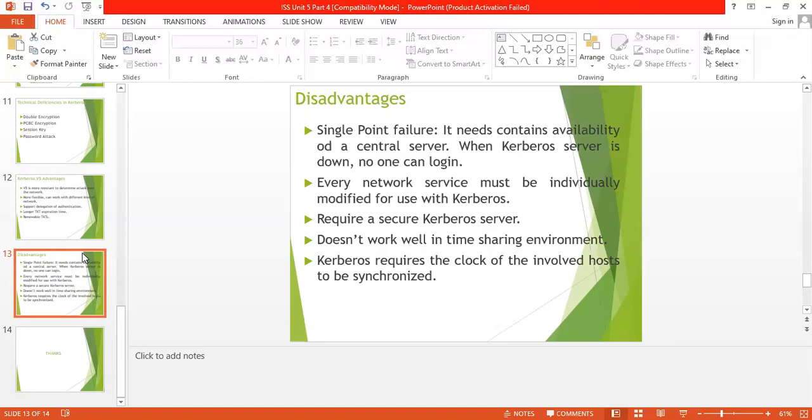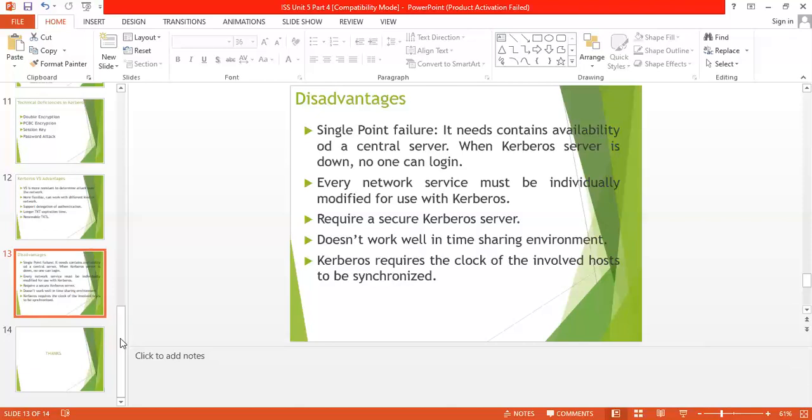Number 2, every network service must be individually modified for use with Kerberos, it requires a secure Kerberos server, and it does not work well in a time-sharing environment. And Kerberos requires the clocks of the involved hosts to be synchronized. Means the ticket has a time availability period, and if the host clock is not synchronized with the Kerberos server clock, the authentication will fail. The default configuration requires that clock times are not more than 10 minutes apart. So these are the disadvantages of Kerberos.